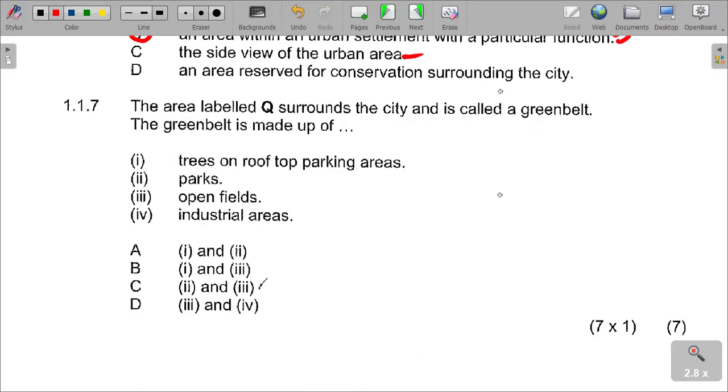And then the area labeled Q surrounds the city. The area labeled Q surrounds the city and is called a green belt. Green belt, we have been talking about this in terms of environmental management and also promotion of ecosystems and biodiversity in geography.